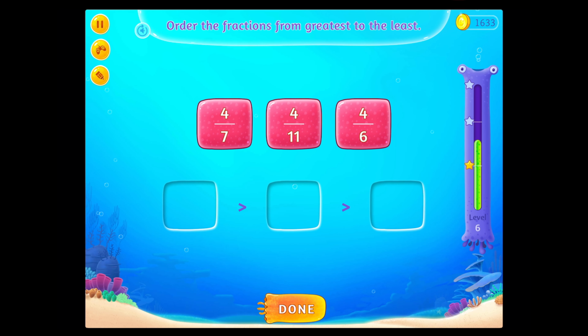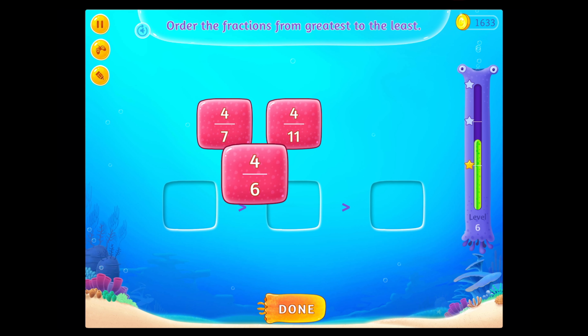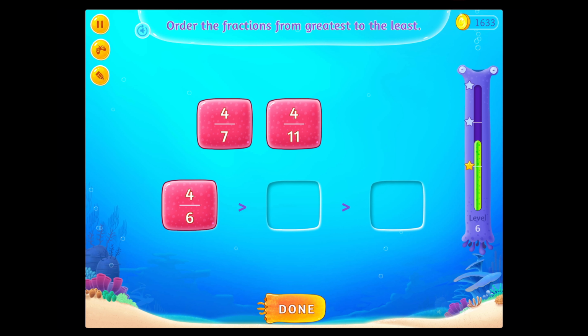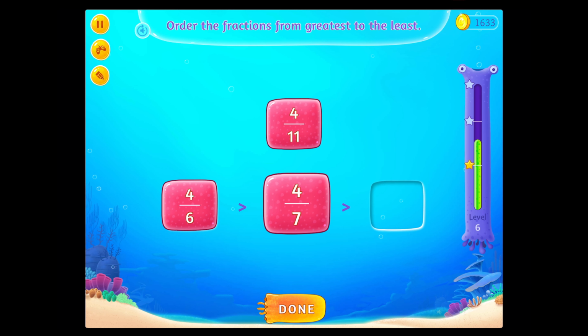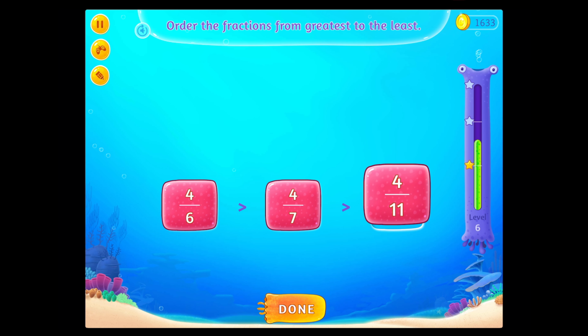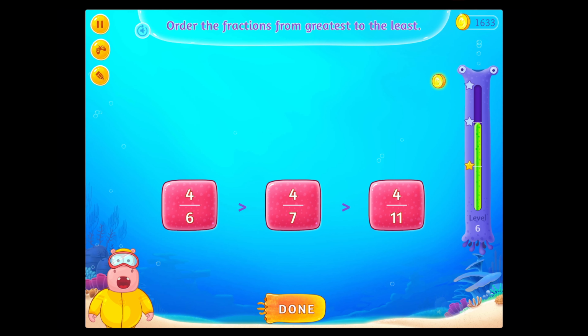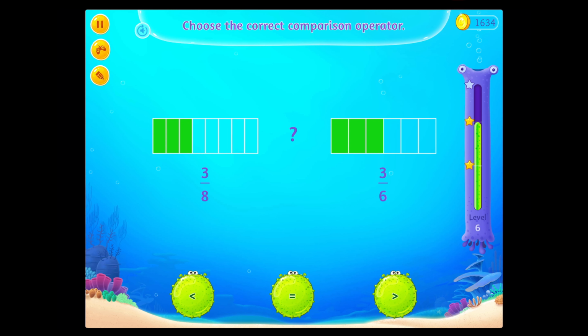Order the fractions from greatest to the least. Congratulations! You've done it! Choose the correct comparison operator.